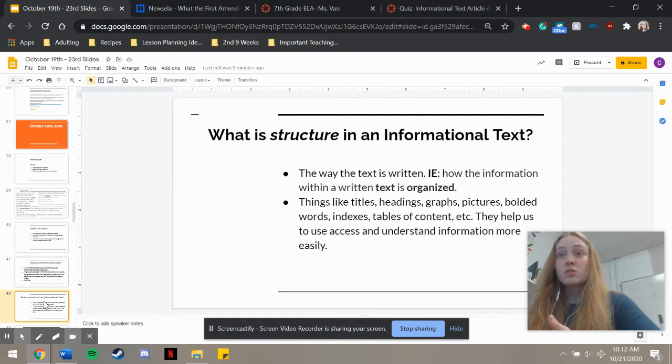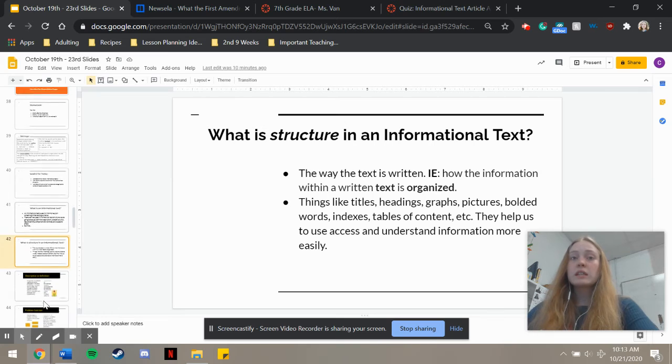Structure is the way that the text is written, specifically how the information within a text is organized. So things like titles, headings, graphs, pictures, bolded words, indexes, tables of contents, etc. They help us to access and understand the information more easily.